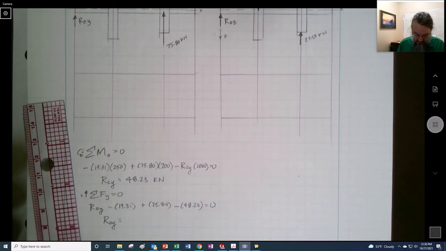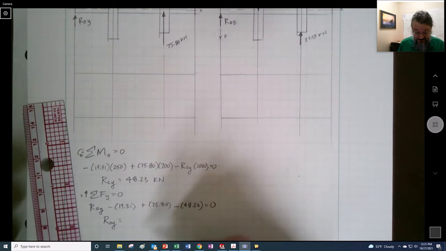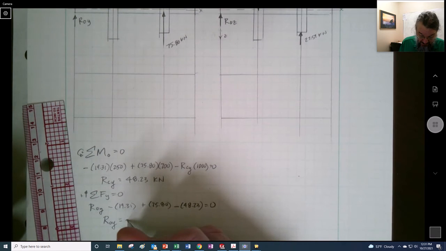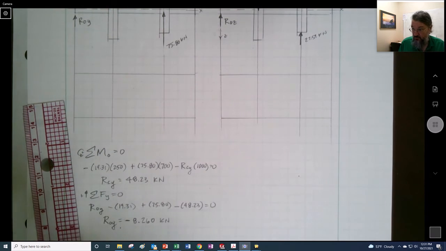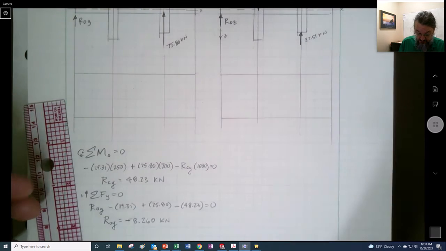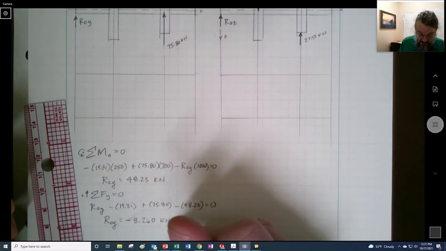I want 75.8 and subtract out 48.23 and now subtract out 19.31. And I still have a positive value. So Ry is actually in the opposite direction. I would actually get a negative 8.26 kilonewtons. Got to be careful with these, right? So that means that it's actually coming downwards.